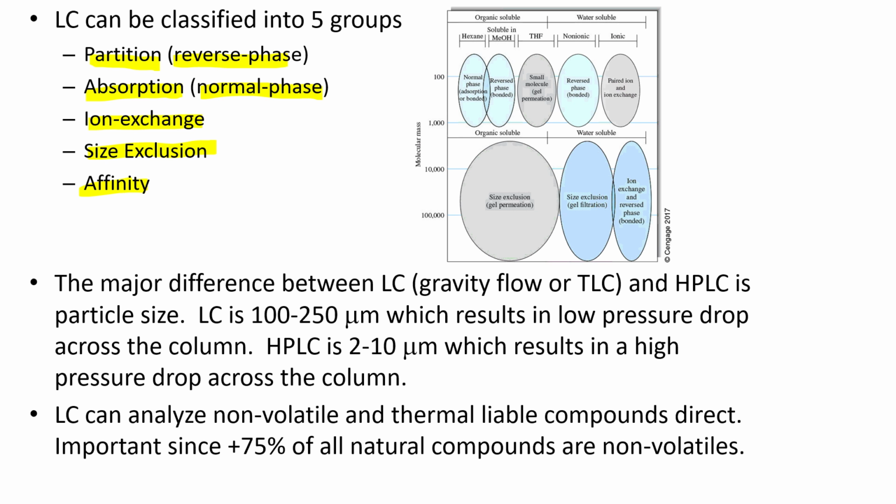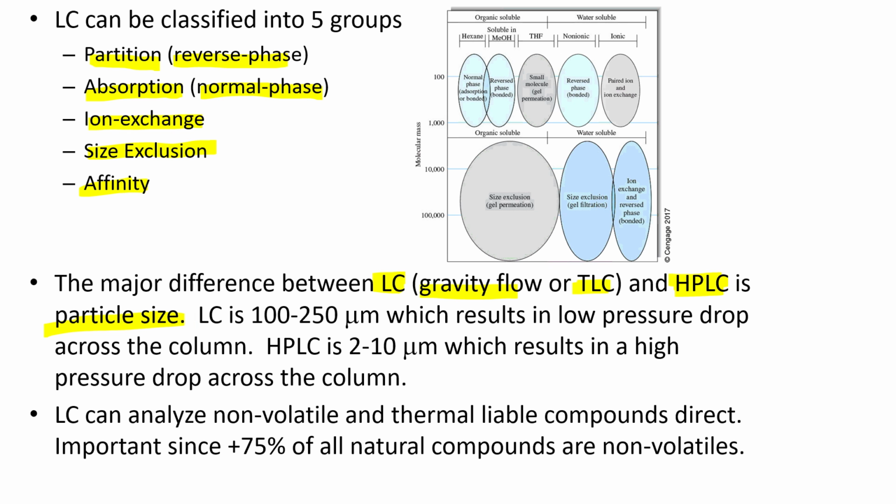And again, going back to the major difference between liquid chromatography, whether it's gravity flow or thin layer chromatography, and today's modern HPLC or UHPLC, which is probably another term, is simply particle size.